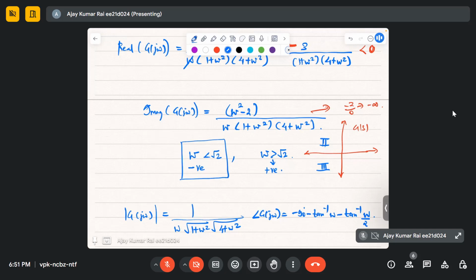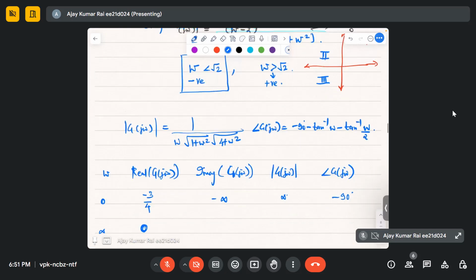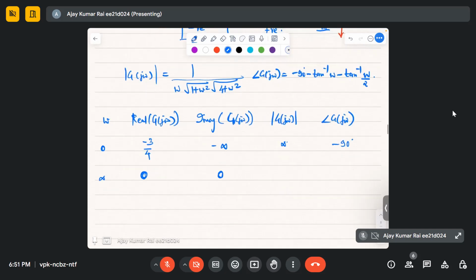Because in the numerator you have omega square and in the denominator you have omega into omega square into omega square. So in the denominator we have omega raised to power 5, which is greater than the numerator, and 1 by infinity is equal to 0. Here also you'll get 0.